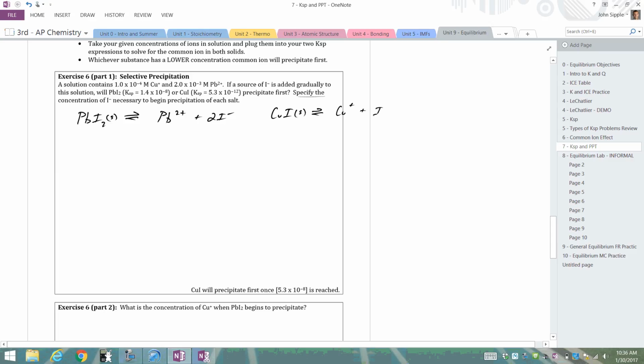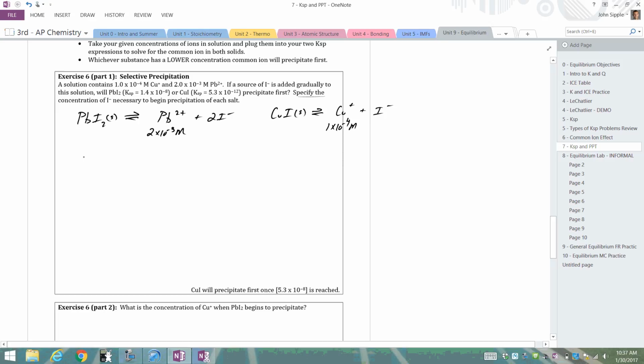For each one of these, we know we have 10 to the minus 3 molar of lead, and 1 times 10 to the minus 4 molar of copper iodide. What we want to figure out is the concentration of iodide in each of these solutions that's going to precipitate it out.